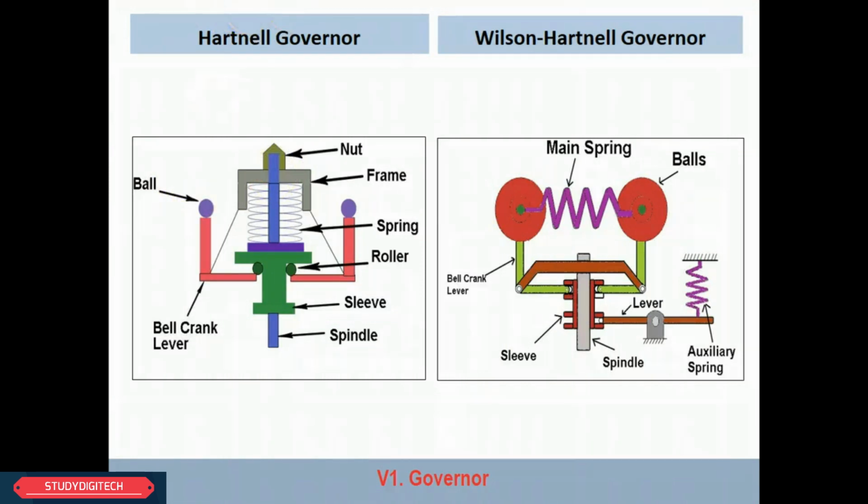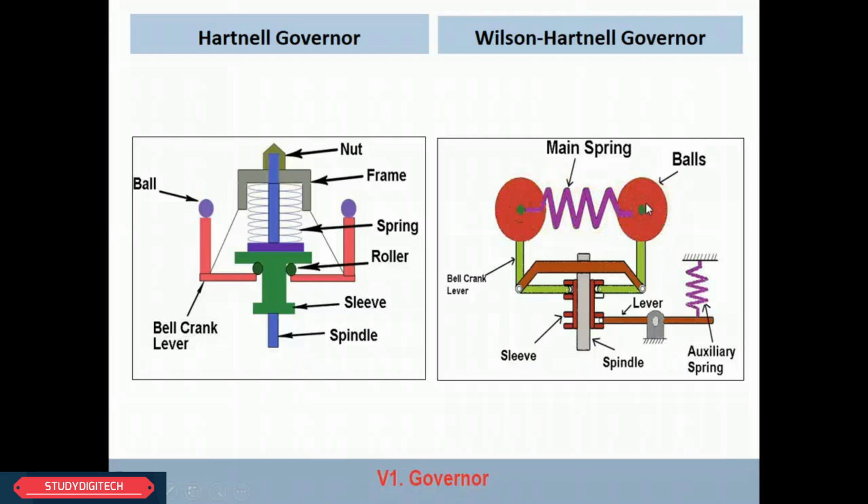Then next is the Wilson-Hartnell governor. This governor is also called a spring loaded governor. It is a special type of governor which has a spring attached between the two balls of the governor. This spring is called the mainspring. The mainspring is stretched and placed between the balls.